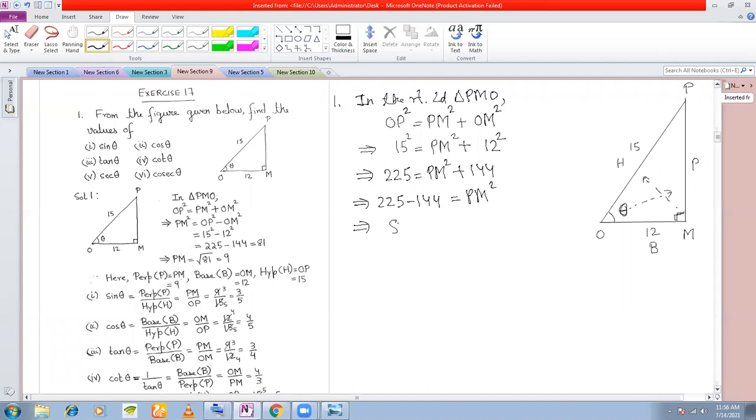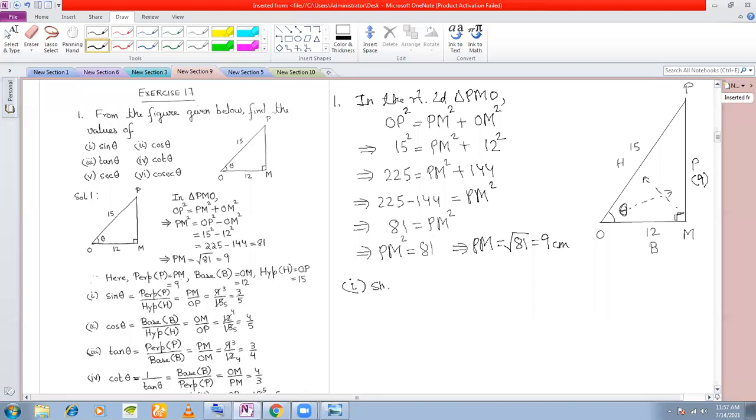That means 81 is equal to PM square. That means PM here is square root of 81, which is nothing but 9 centimeters. So I've found out the value of this also. Let's write it here, 9 within brackets. Okay. Now once we have found this out, now we can find out very easily.